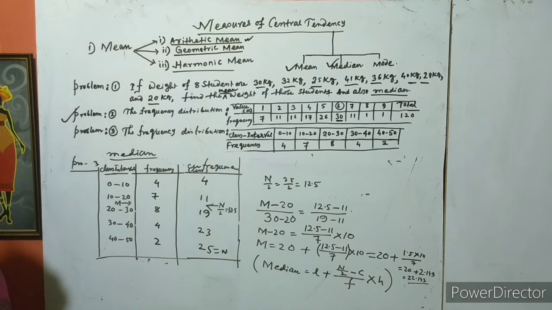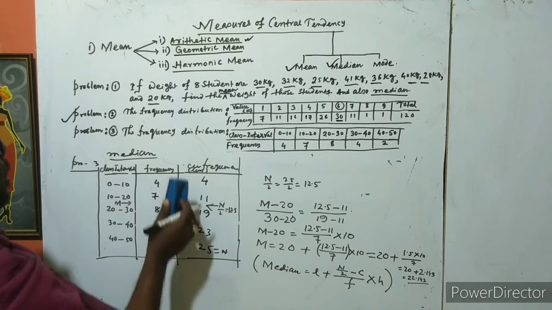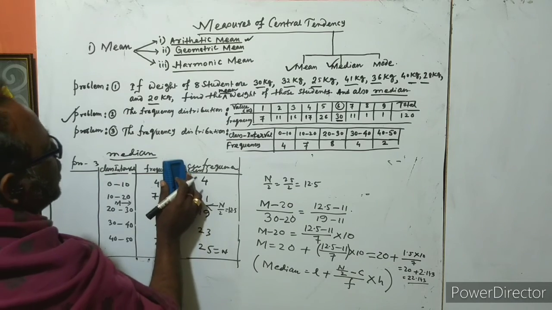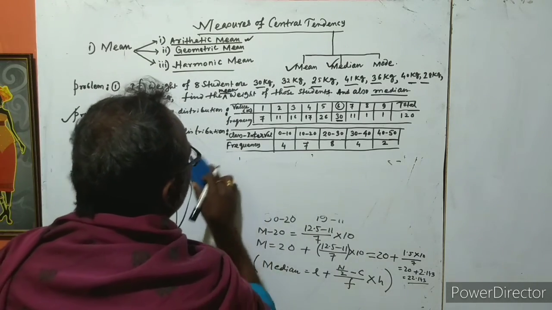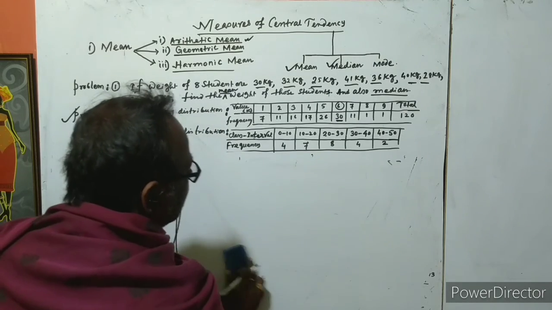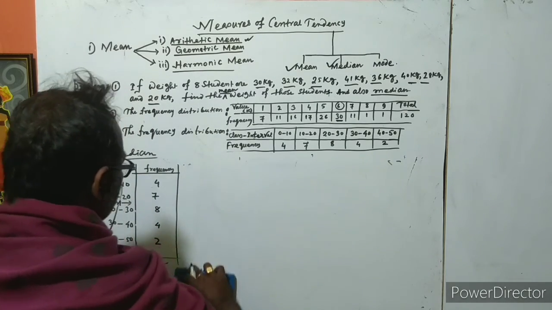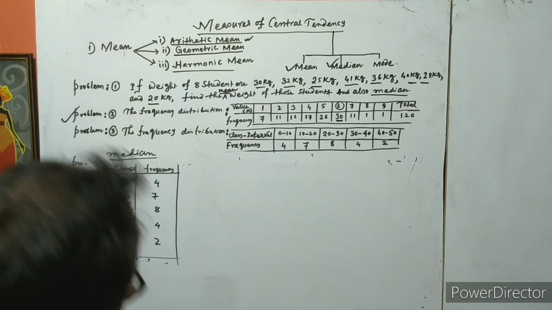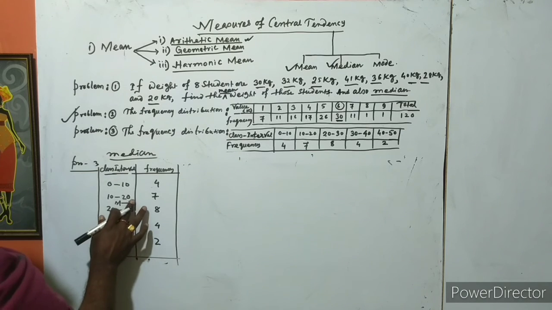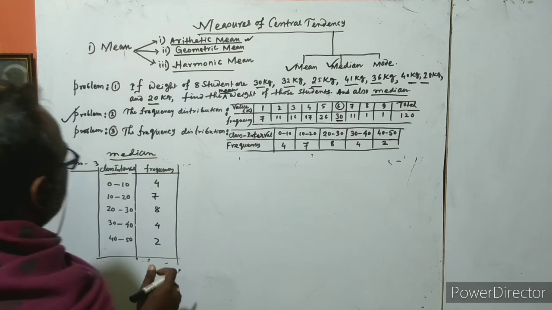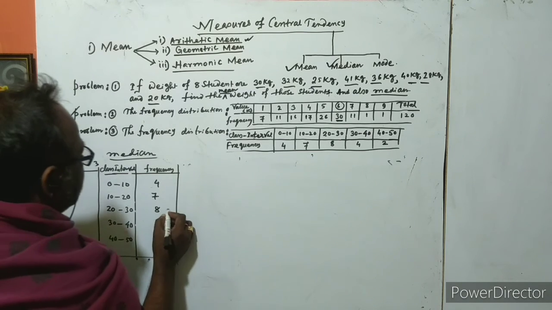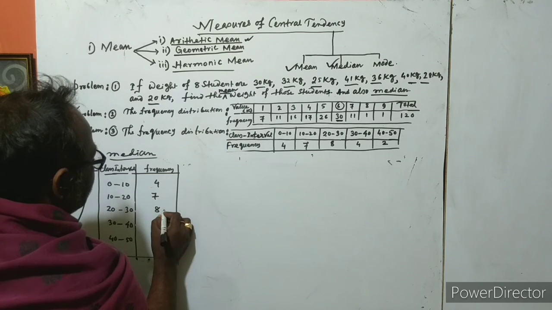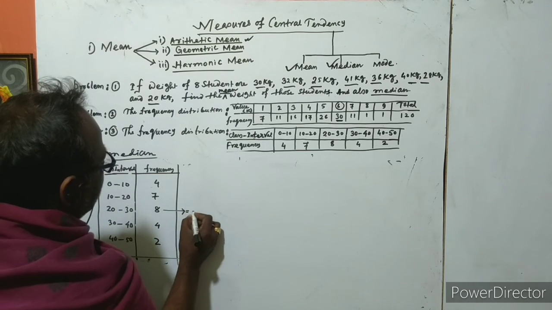After that, we have to find the value of the mode. So what is the formula? For finding the mode, first find the maximum frequency, which is denoted by Fm.